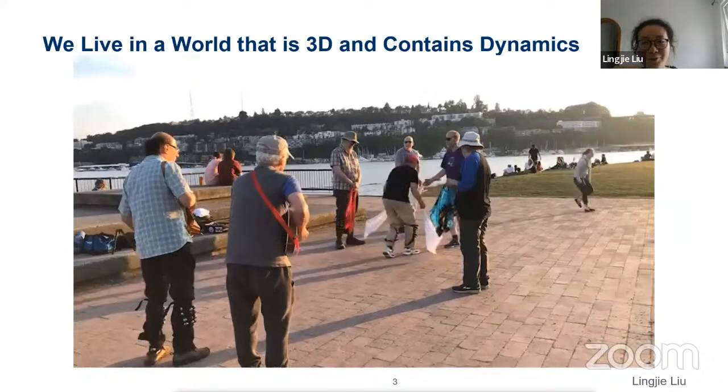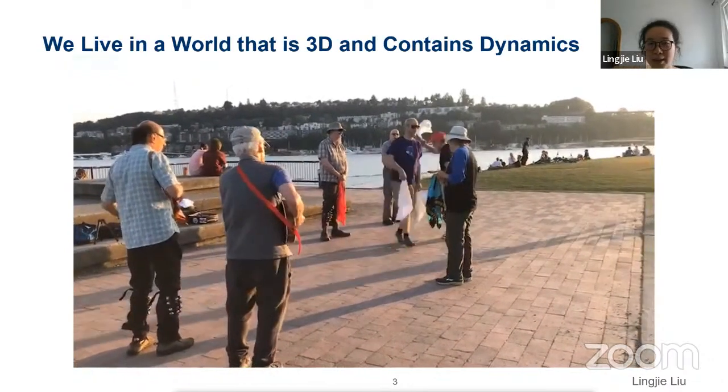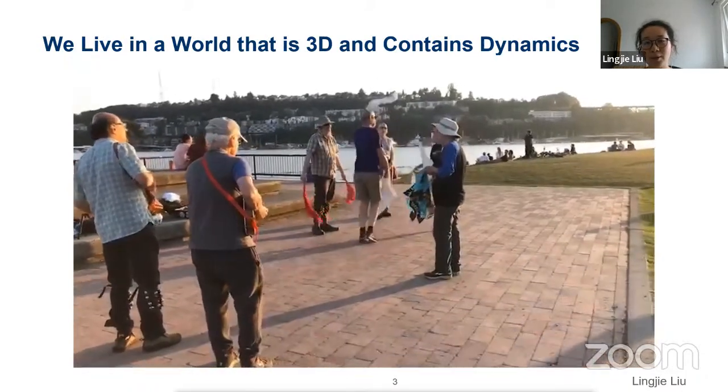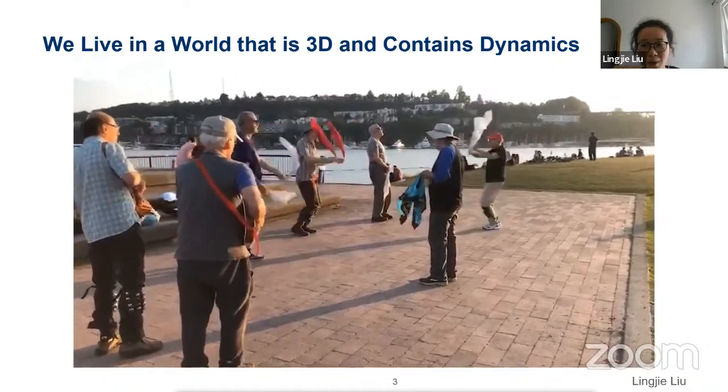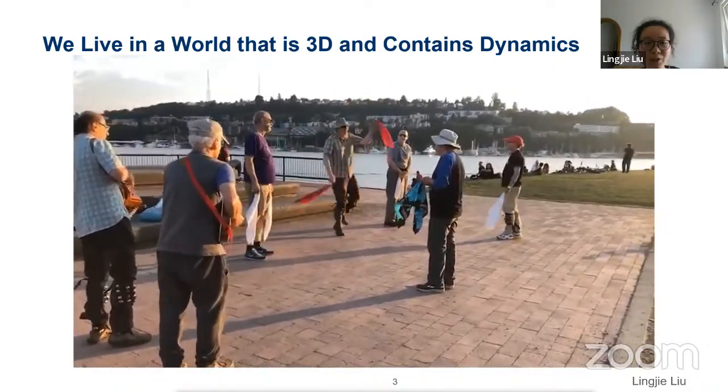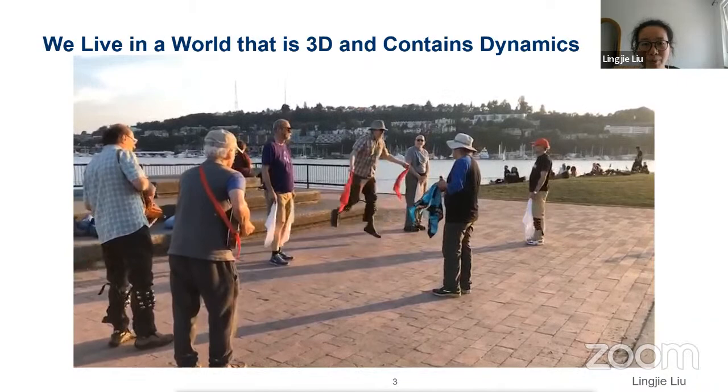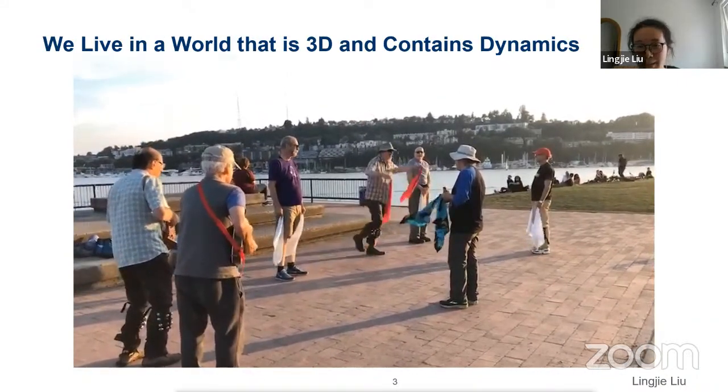First, I will give you the motivation that attracts me to do this research in neural representation and rendering, and what my long-term vision is. As shown in this video, we live in a world that is 3D.